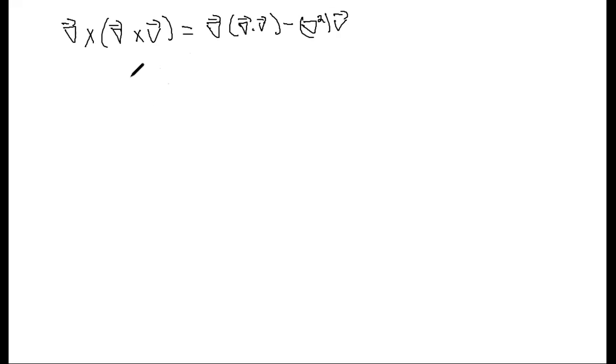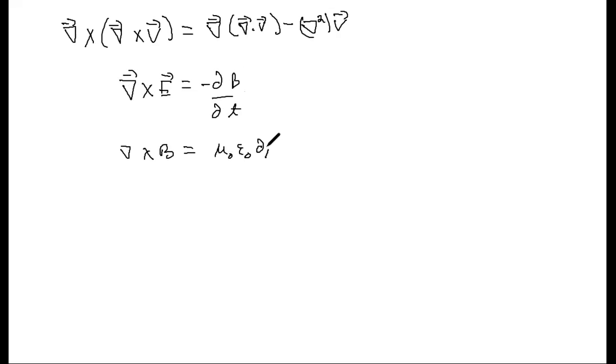So I'm going to use that on my two Maxwell's equations. The first equation says del cross E equals minus dB/dt, and then del cross B is mu naught epsilon naught dE/dt.